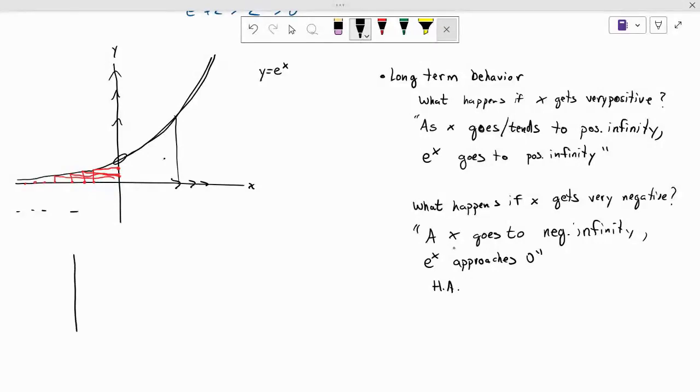So maybe this is a good side note. If I have a horizontal line, now every line in the plane has an equation. What's the equation of this horizontal line? Suppose it has a y-intercept of 3 or something. What's the equation of this line?